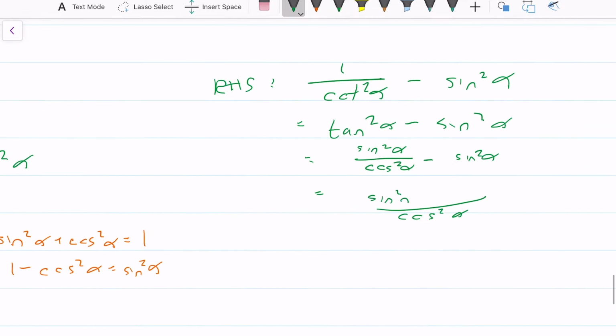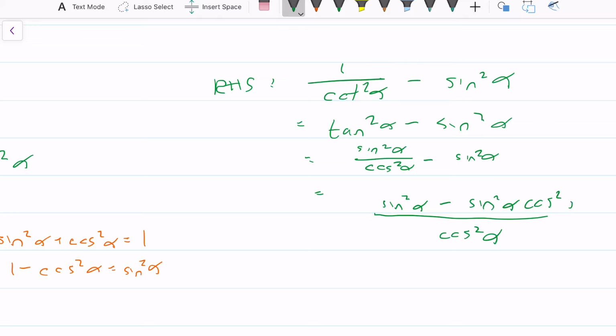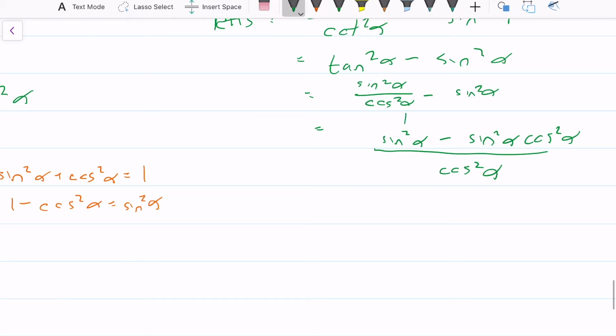So we have sine squared alpha minus sine squared alpha cos squared alpha. That is horrendous, so I'm going to rewrite that as sine squared alpha minus sine squared alpha cos squared alpha. I'm going to pull out the sine squared alpha, which gives me sine squared alpha times (1 minus cos squared alpha) all over cos squared alpha.